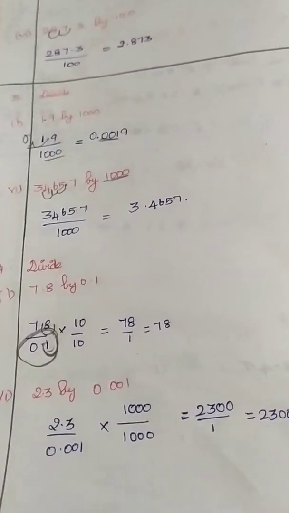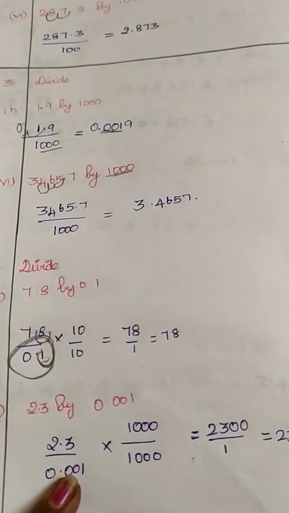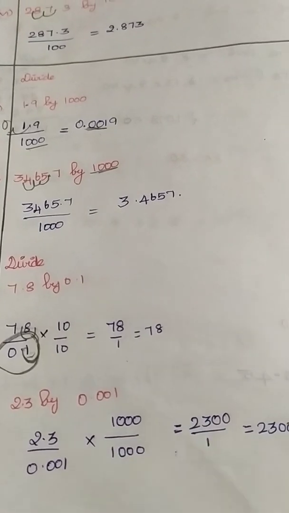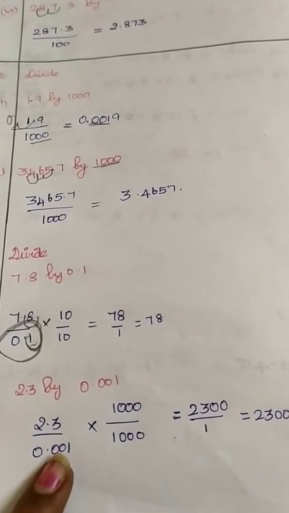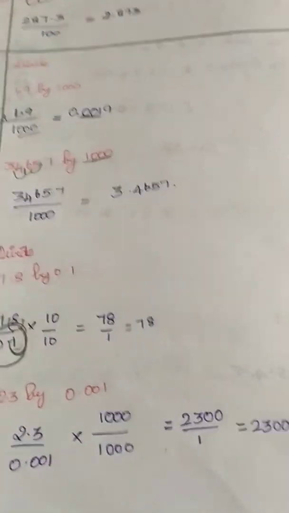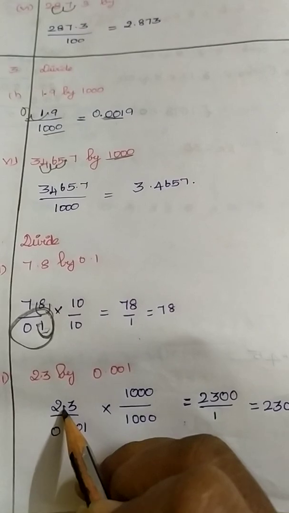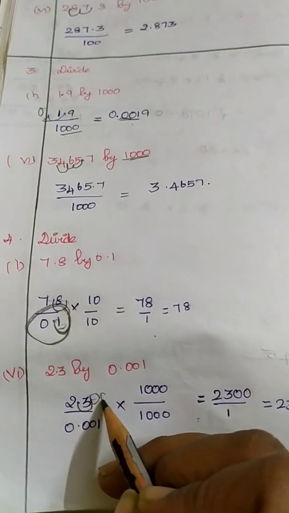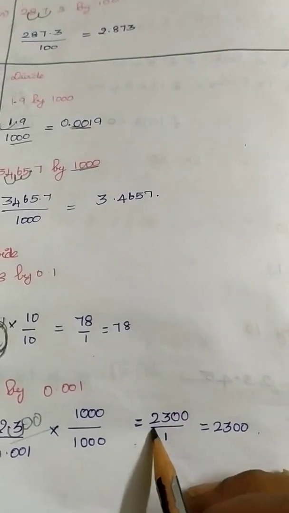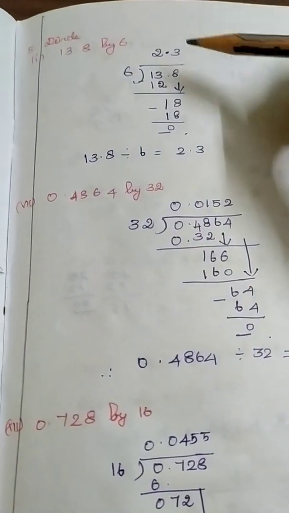Again, 2.3 by 0.001. 3 decimal places. So 1000 should be multiplied in both numerator and denominator. The decimal will vanish in the denominator, and here the decimal point will move how many steps? 3 steps. 1 step, 3 is there. Next 2 steps no number, so using 0, 0. That is your 2300.